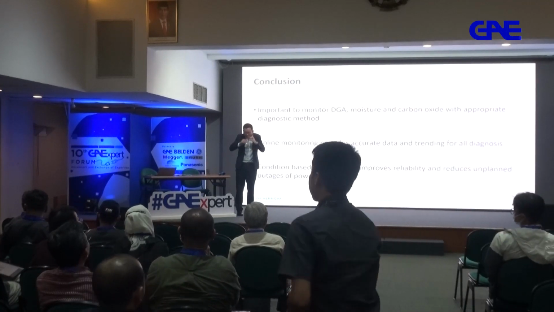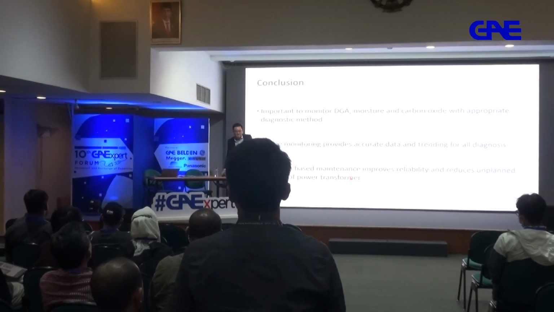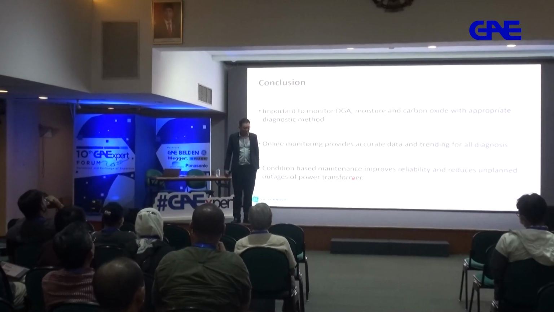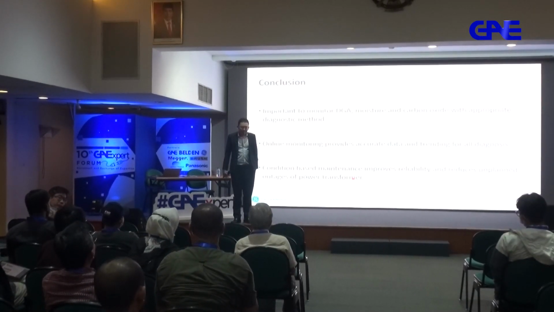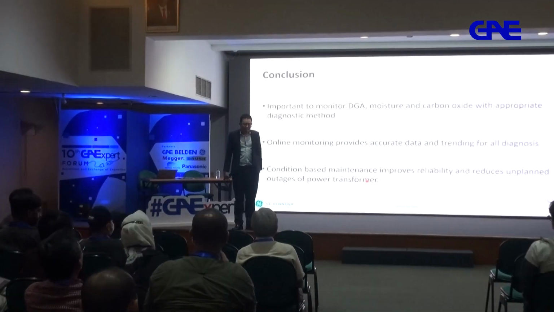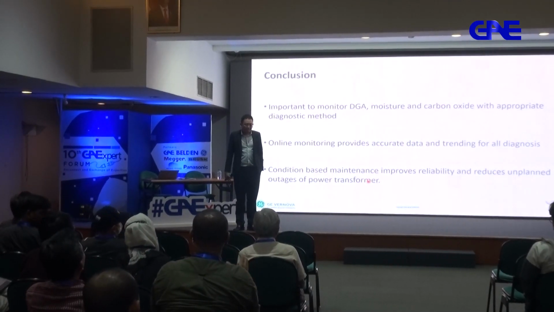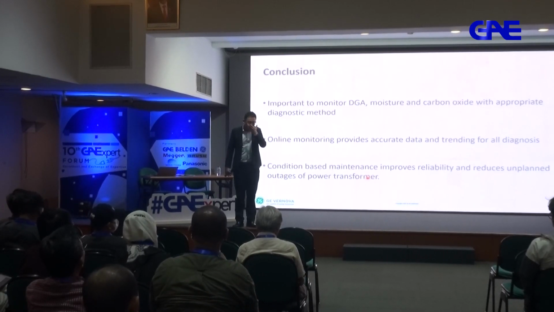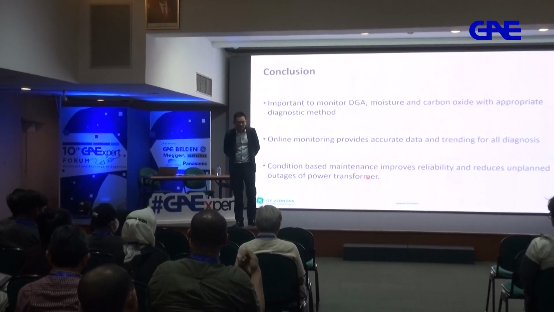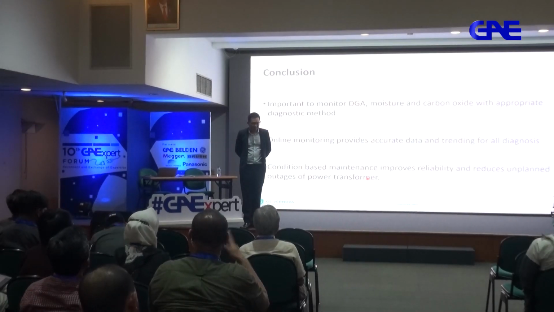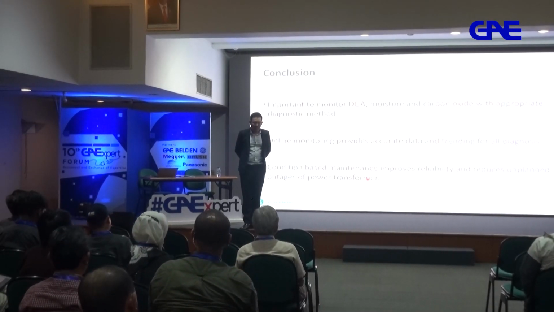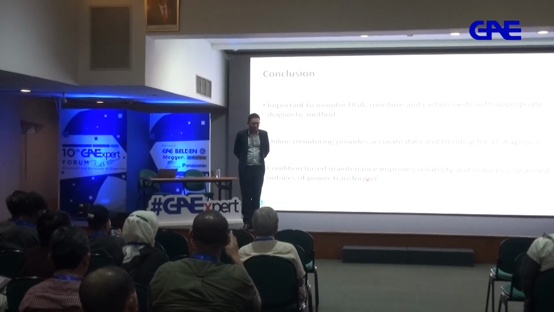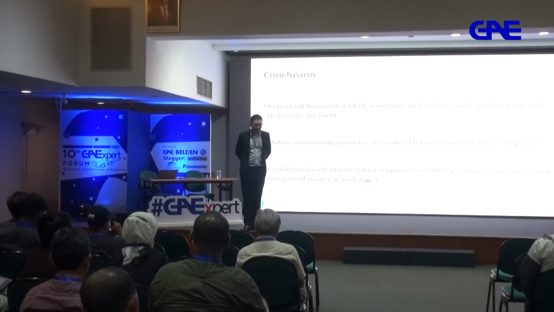I just want to ask your opinion about the online monitoring system for DGA, because in my workplace, the DGA sample is taken at a period of 6 months. But you mentioned that you can test the DGA all the time, in real time. How long is the duration between each DGA sampling?